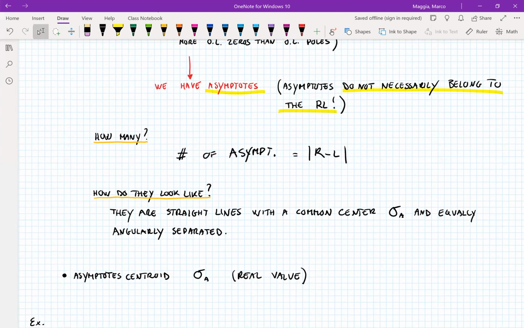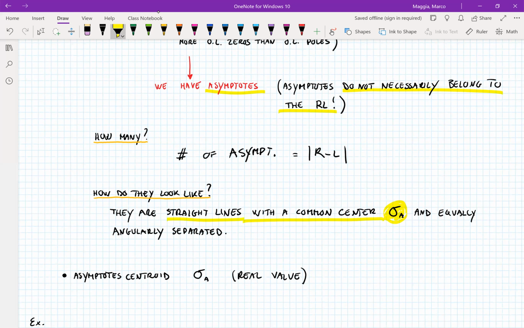So what do they look like? They are straight lines with a common center, usually called sigma A, known as the asymptote centroid, and they are equally angularly separated.